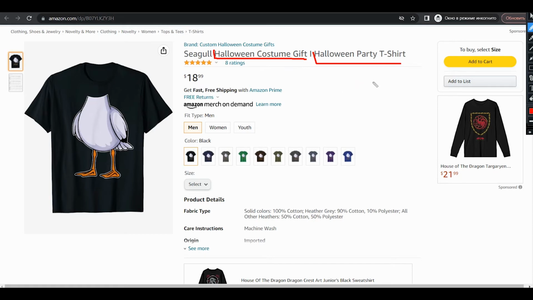Exactly here we can find a seagull costume, and only the head will be the head of the person who wears it, and the same idea can be made for different animals, for different characters.